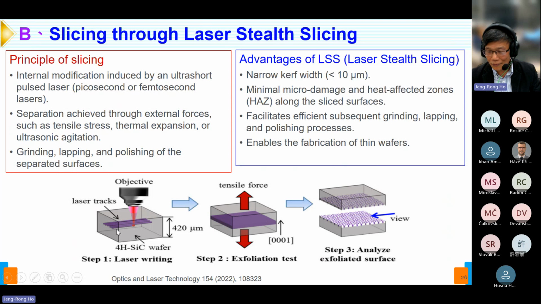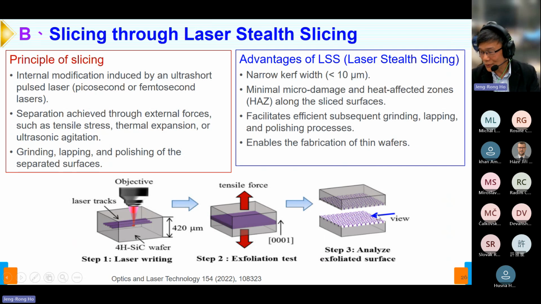Then we do modifications on the focal plane. After this, we apply an external force, for example, a tensile force or ultrasonic agitation. We can separate it into two pieces now.